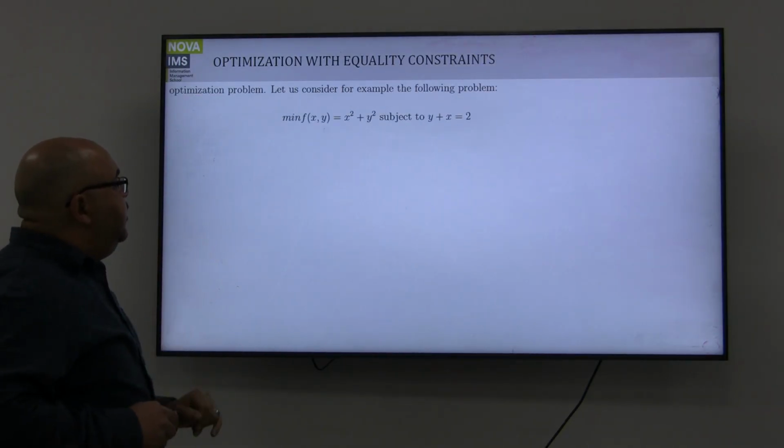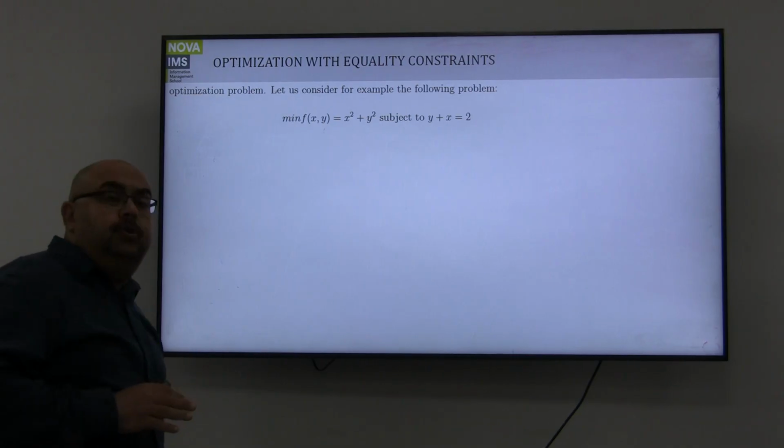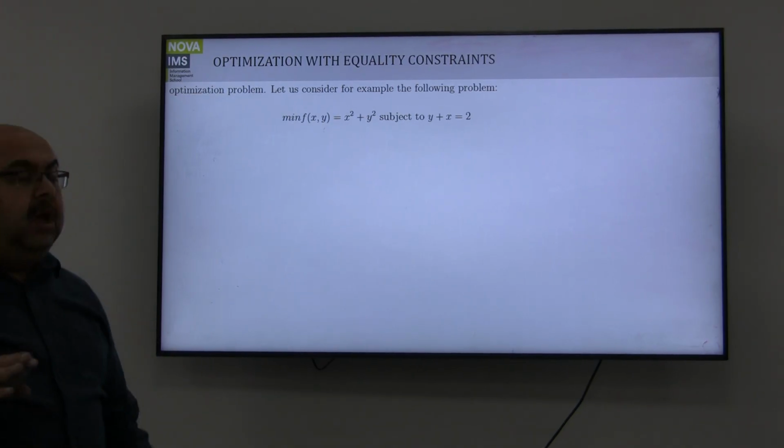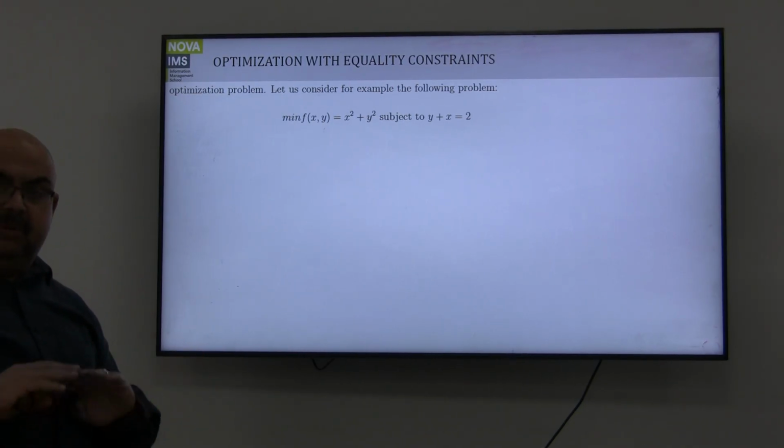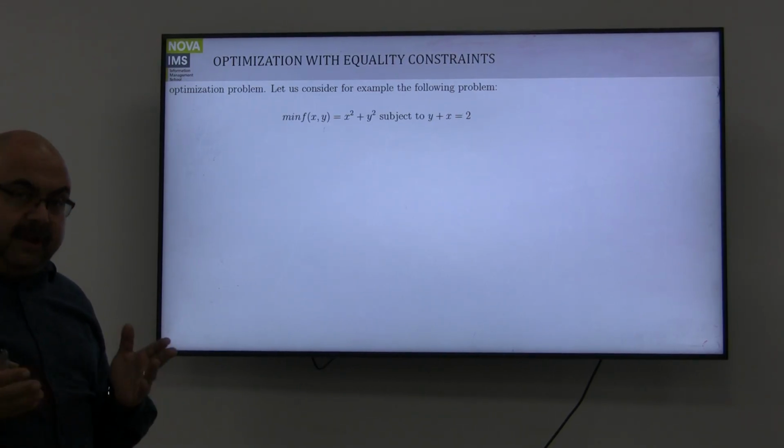I believe I have another problem, which is required to minimize x squared plus y squared subject to y plus x equal to 2. Similar idea. The main idea, I will get y as a function, 2 minus x.